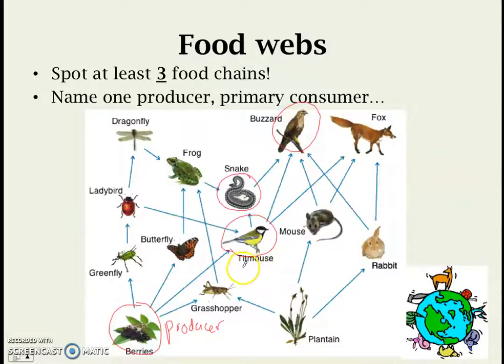The titmouse, what do we call it? Yes, the primary consumer, because it feeds on the producer. Then the snake, which eats the titmouse, the secondary consumer. And finally, the buzzard, we call it the tertiary consumer.